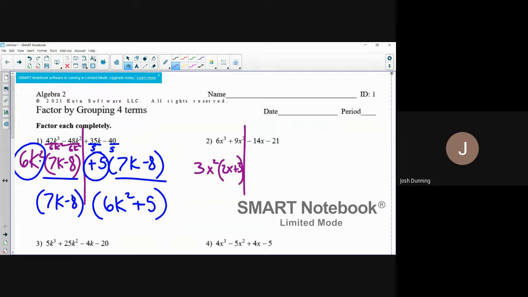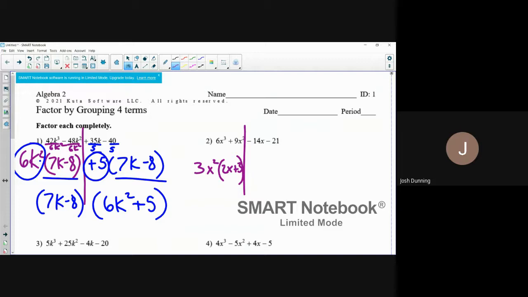Now, like I said on the last question, your parentheses have to match. And the problem here is that the left side is a positive and a positive. The right side is a minus and a minus. So when you need to switch the signs to get them to match, don't factor out a positive GCF, factor out a negative.